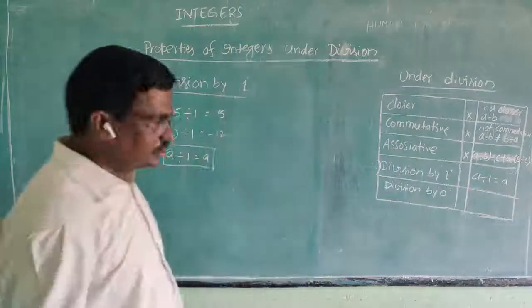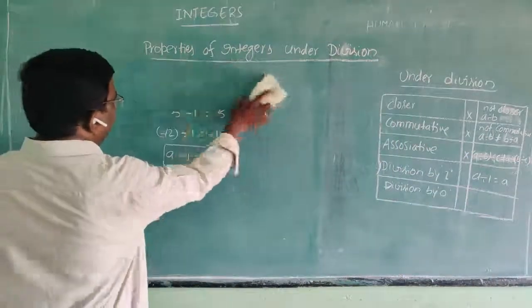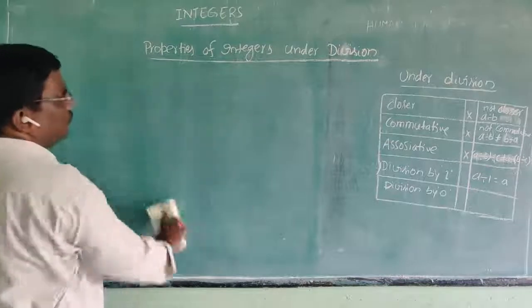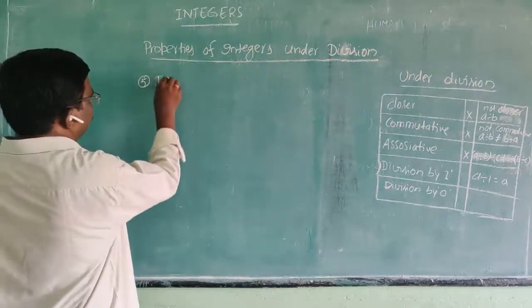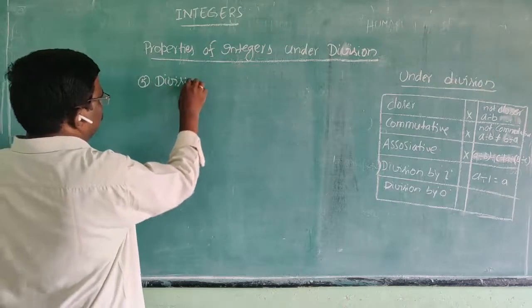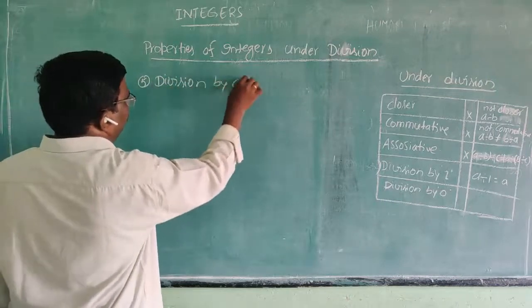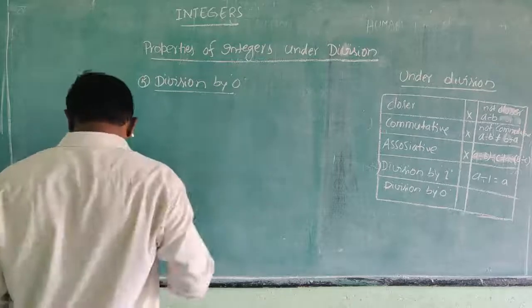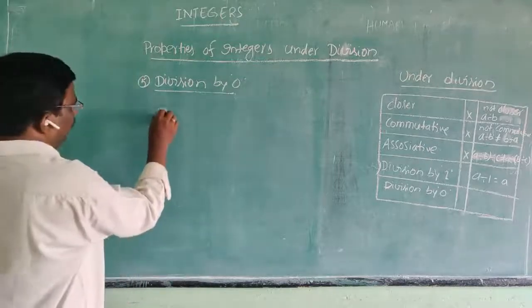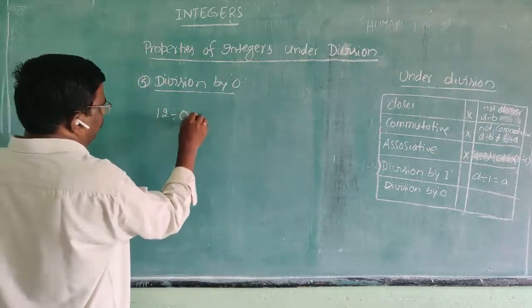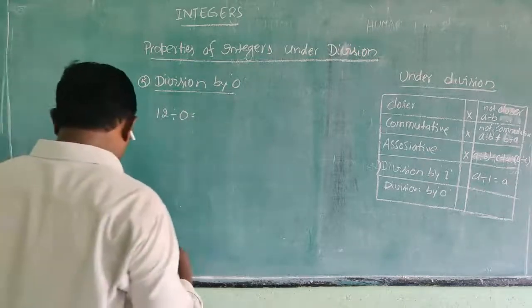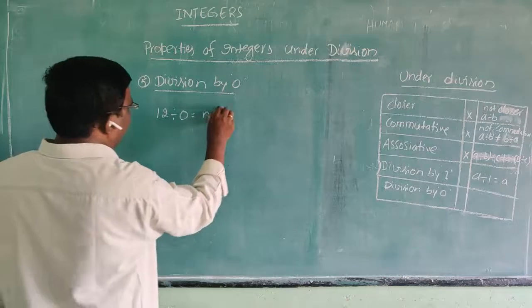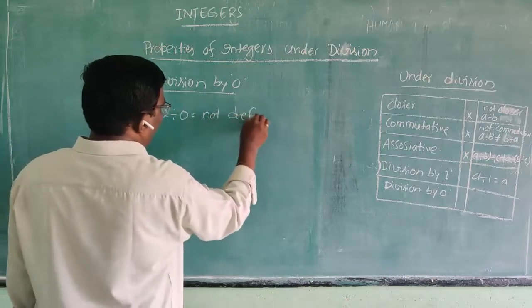Last one, fifth, division by 0. 12 divided by 0 is not defined. Minus 50 divided by 0 is not defined.